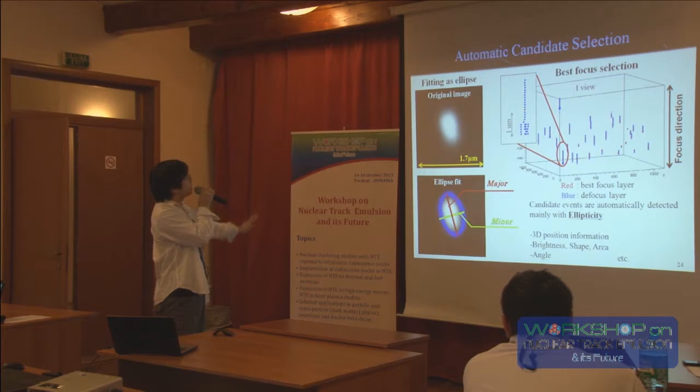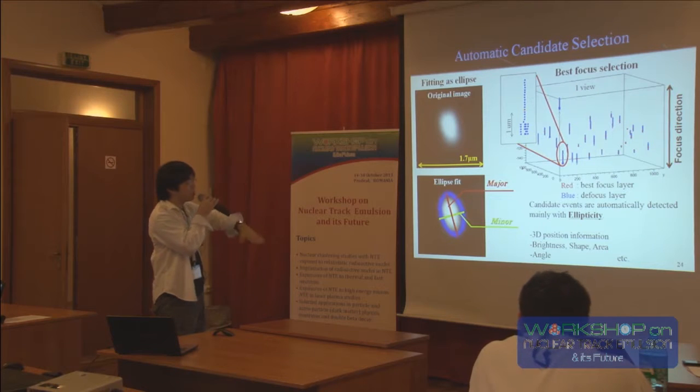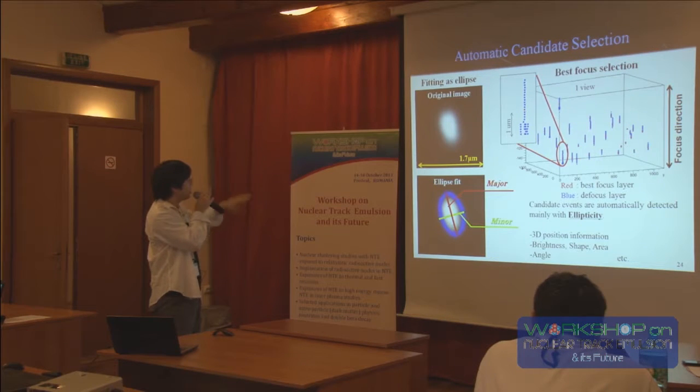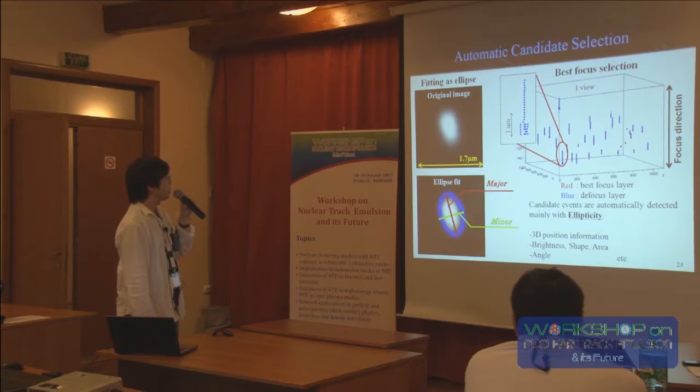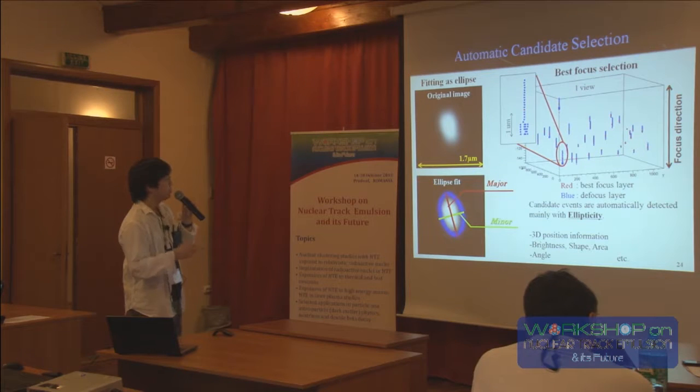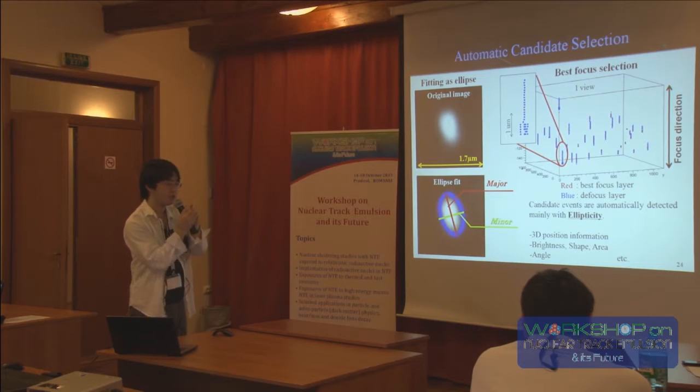First, we take a picture of the whole volume and fit the bright grains to ellipses. You can see that the grains are not circles but ellipses, so we can choose signals from backgrounds by that ellipticity.